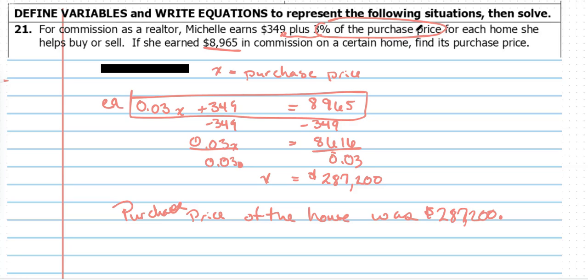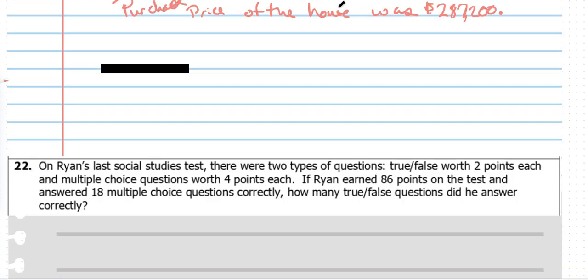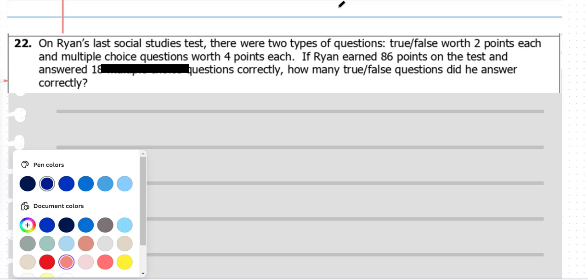So then let's do another one. On Ryan's last social studies test, there were 2 types of questions. One type was multiple choice, so I'm going to call that x. The next type was true, false, and I'm going to call that y.